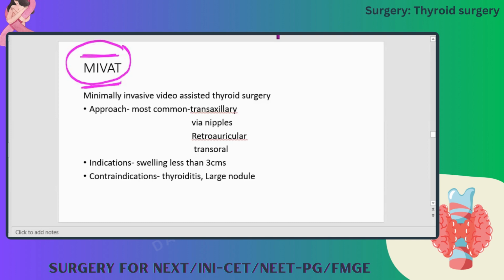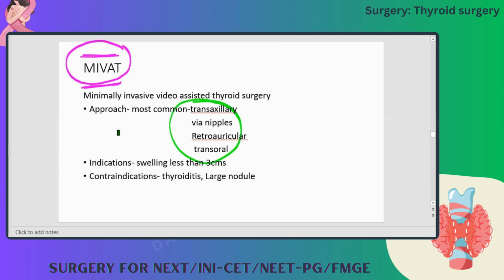Transaxillary, via the nipple, subareolar space. Retroauricular, from here they'll go into the space. Transoral, from inside the mouth. So many ways are coming to deal with the thyroid gland. What is the aim in doing all these things? You can just open it up, right?